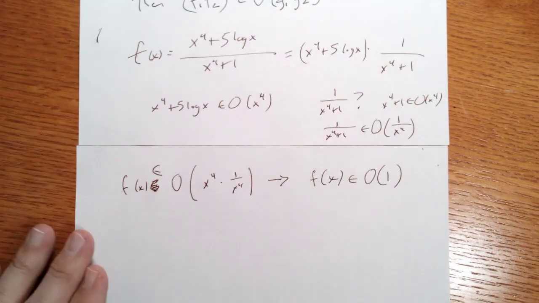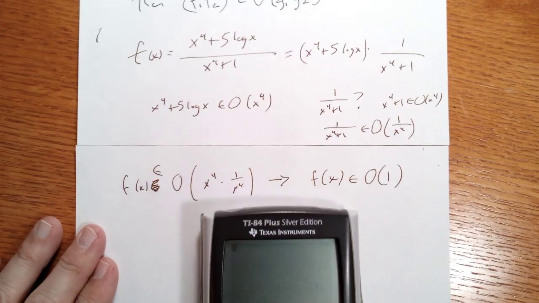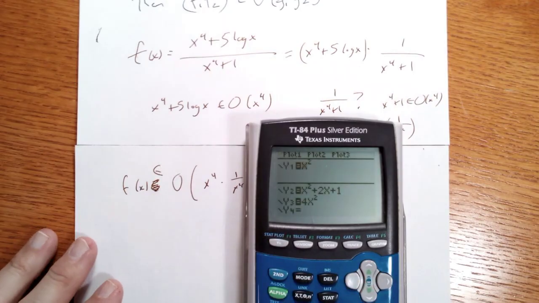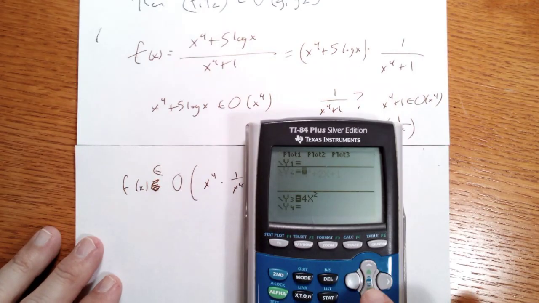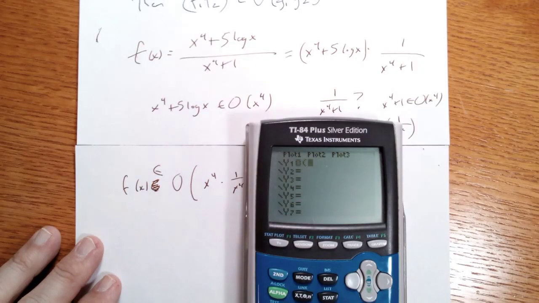Let's actually graph it and take a look. Y equals, oh, got a bunch of other stuff in here from the other day. So let's write in our function, parentheses, x to the fourth plus 5.